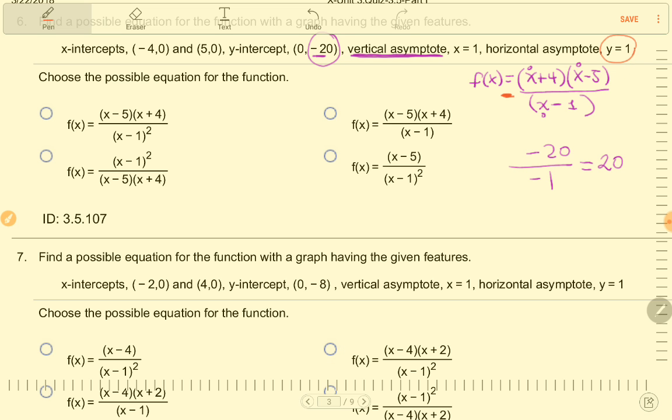Now, if you don't know what I'm referring to, you need to go back to the video where I walked through the textbook and pointed out the theorems and the properties that allow us to figure out what these different aspects of a graph mean.